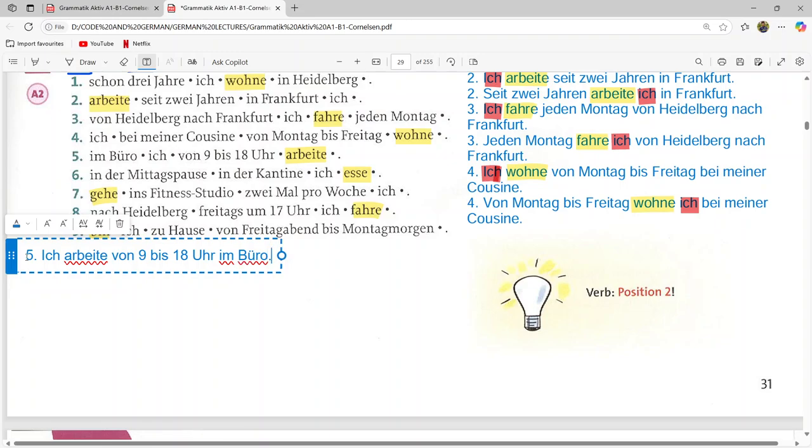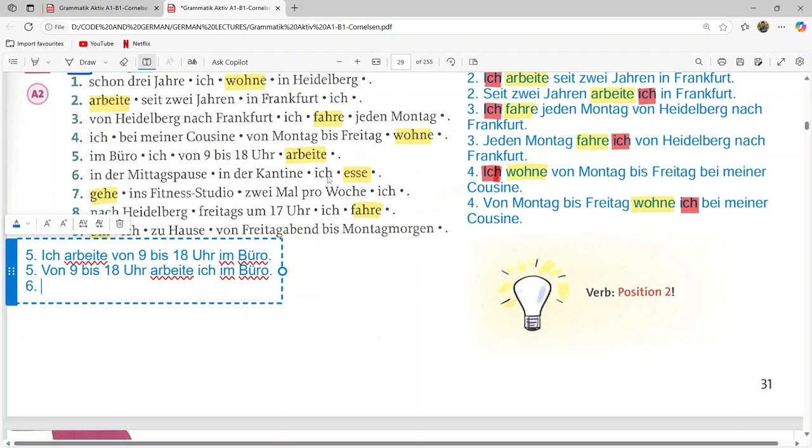And also we can start the sentence with the time information. So von 9 bis 18 Uhr arbeite ich im Büro. Next one.